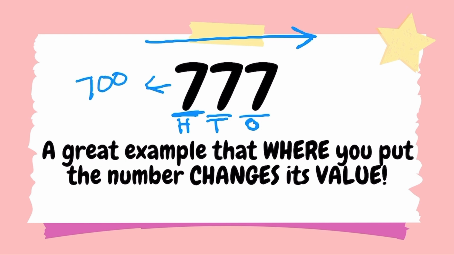Even though this is a digit 7, the value, since it's in the tens place, is a 70. And this digit is also 7, and because it's in the ones place, it also has a value of 7. So when I read this number, I don't say 7-7-7. I say 777 because I say the value of each digit when I read the number.